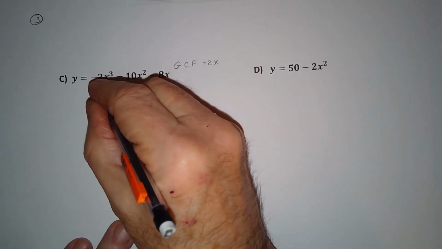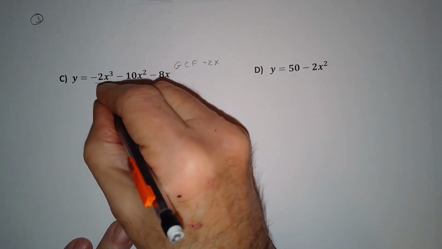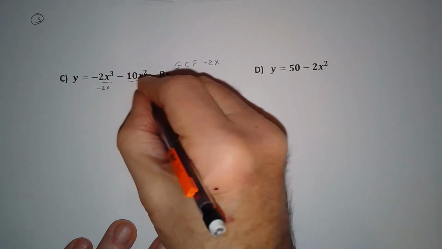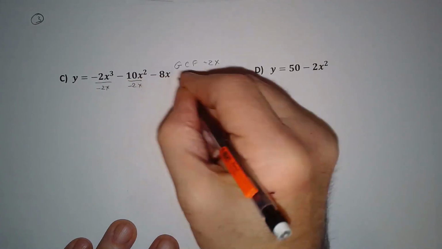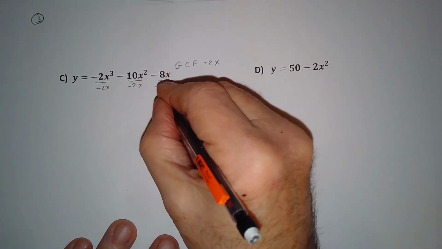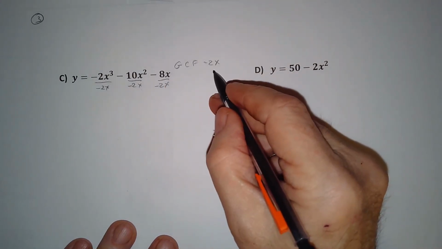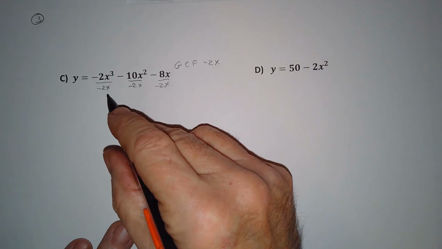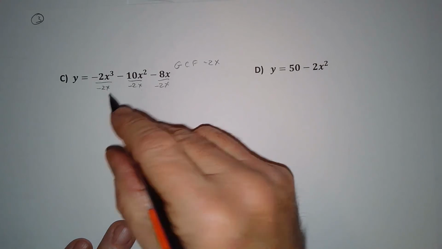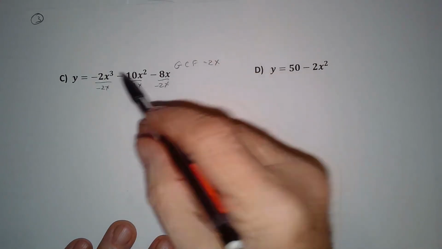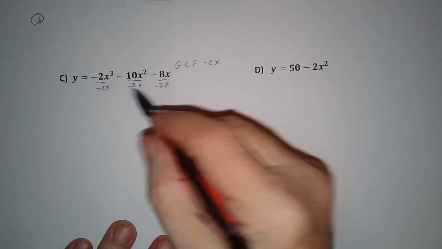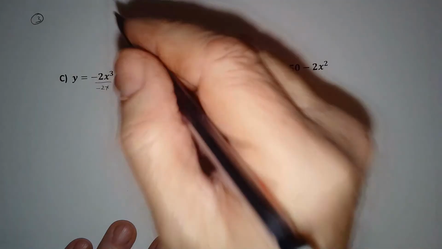I'm going to divide by -2x. And remember, you want to get the negative out always when you're doing this. And that's going to give you an accurate graph at the end. So the leading term always should be positive once you've taken out the greatest common factor.